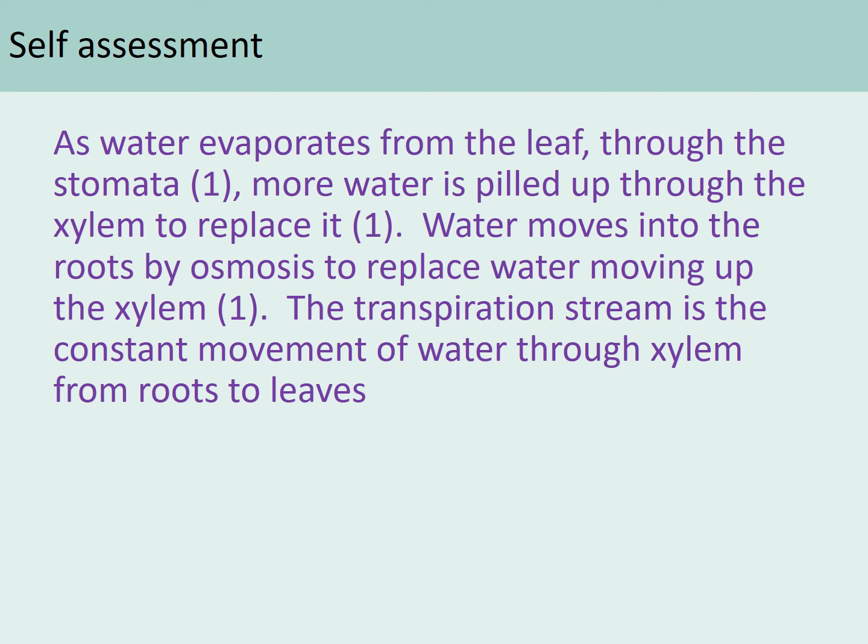If you've then said that more water is pulled, sorry, that should be pulled, not peeled, is pulled up through the xylem, then that will be worth a mark. If you said that water moves into the roots by osmosis, that's going to be worth a mark. And if you have said that this is a transpiration stream, or the constant movement of water is the transpiration stream, then that would be worth a mark.